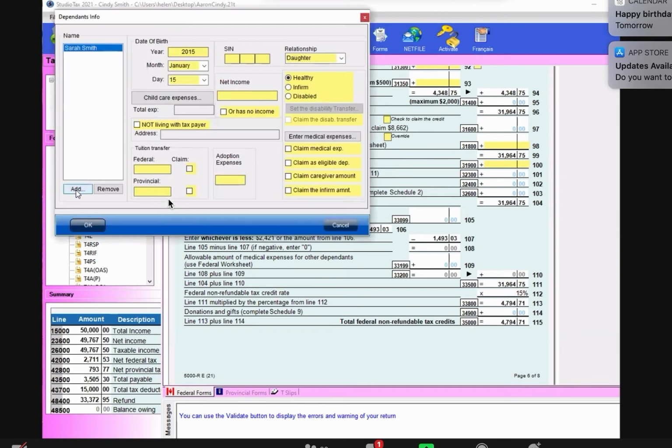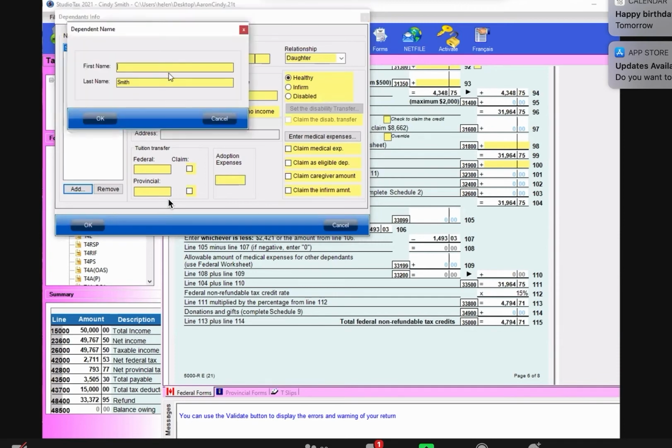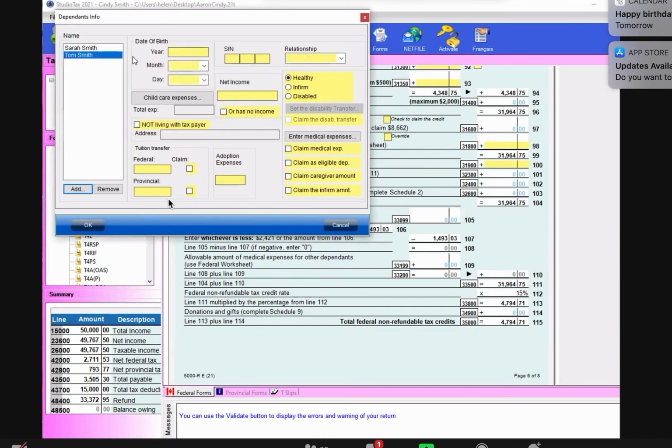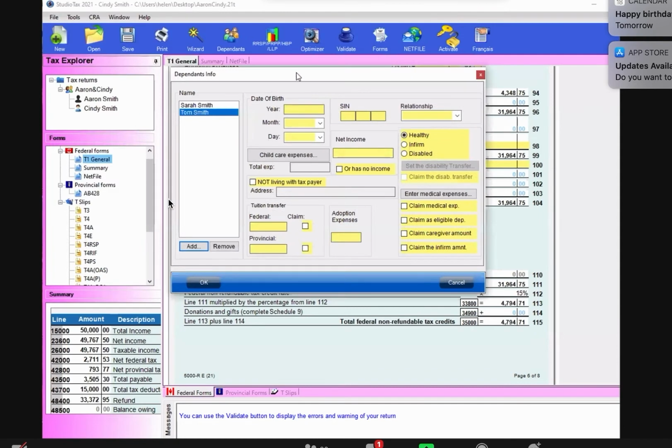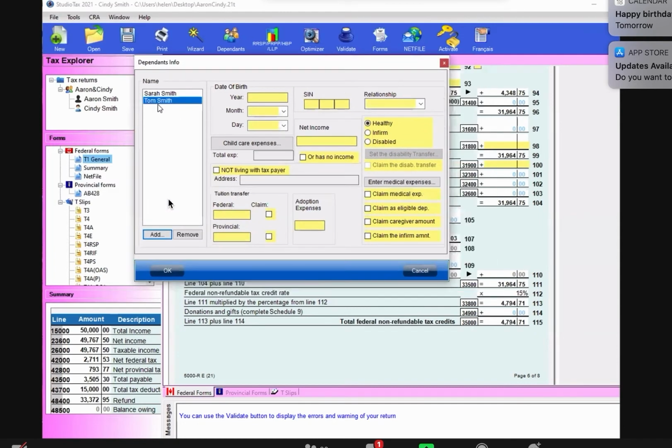For example, you got Tom Smith, okay? Then you see which one. Okay, I open Cindy's file. So if I open Cindy's file, and Tom is Aaron's father, then I decided to put Tom's medical expenses under Cindy, okay?